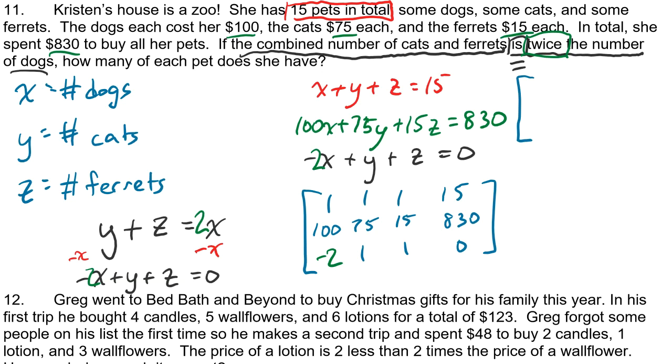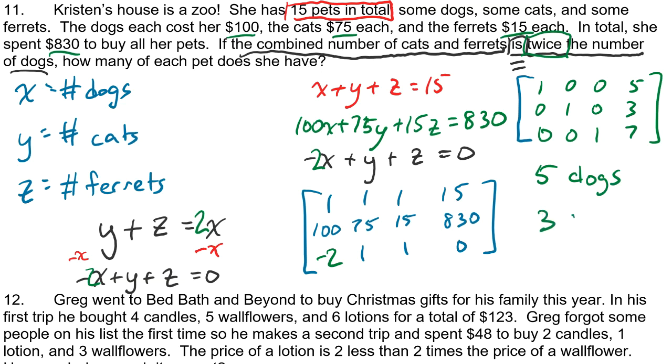Now if you put it in your calculator, you will get 1 0 0 5, 0 1 0 3, 0 0 1 7. So that means 5 dogs, 3 cats, and 7 ferrets.